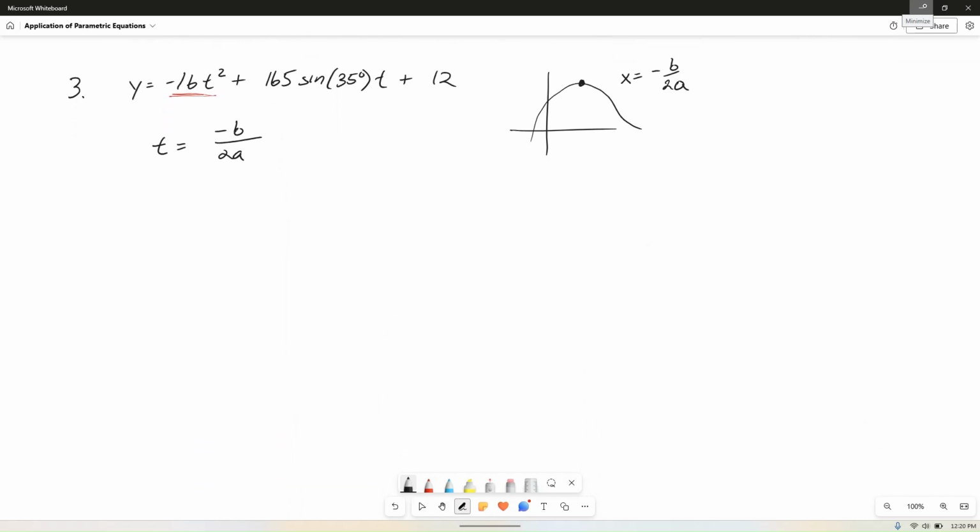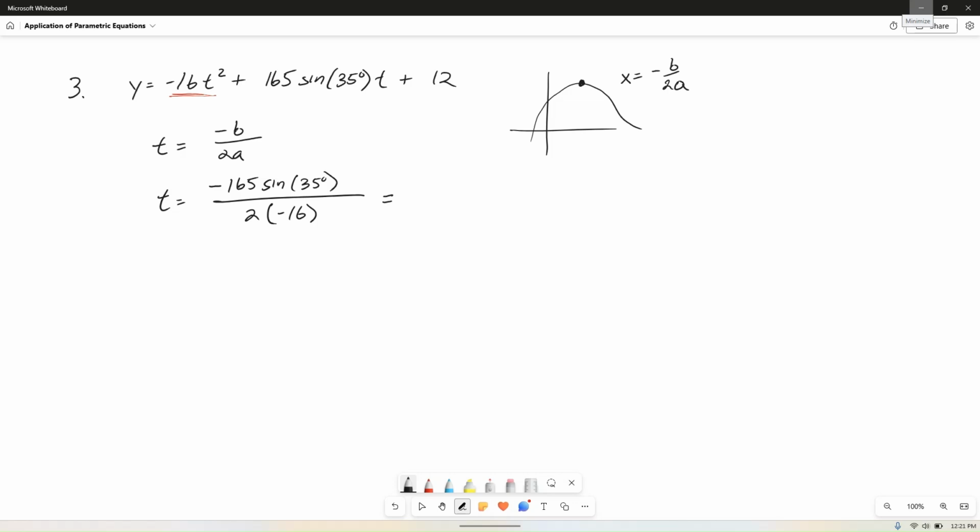And we know that b is the 165 sine of 35. So we have negative 165 sine of 35 degrees divided by 2 times a, and a is negative 16. So t equals negative 165 sine of 35 degrees divided by 2 times negative 16.